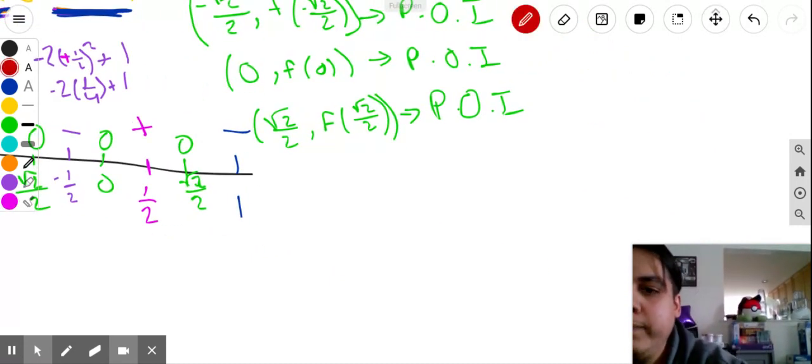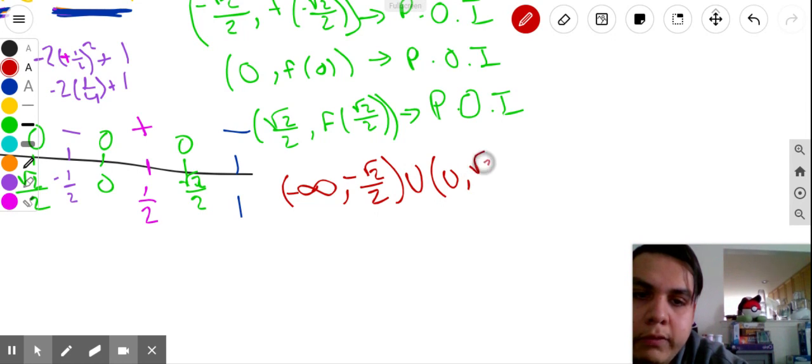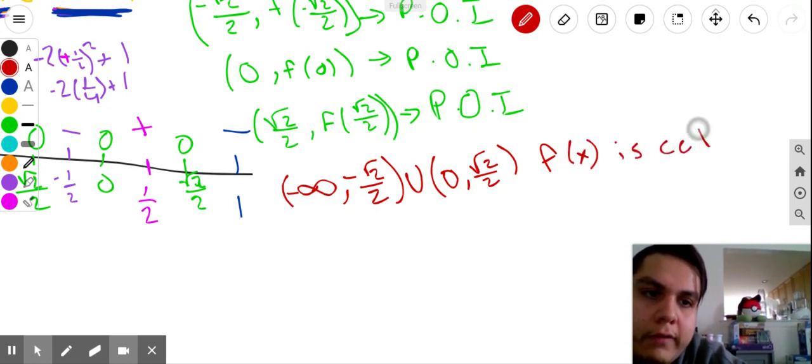Yeah, let's do it in red. From negative infinity all the way up to negative radical 2 over 2, or from 0 to radical 2 over 2, f of x is concave up.